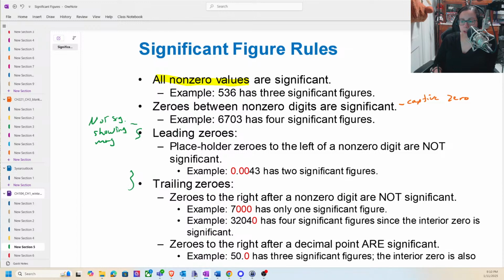Our first one here, leading zeros. These are placeholder zeros to the left of a non-zero digit, and they are not significant. So in this case, 0.0043 only has 2 significant figures. That is because these 2 zeros in front are showing how small.